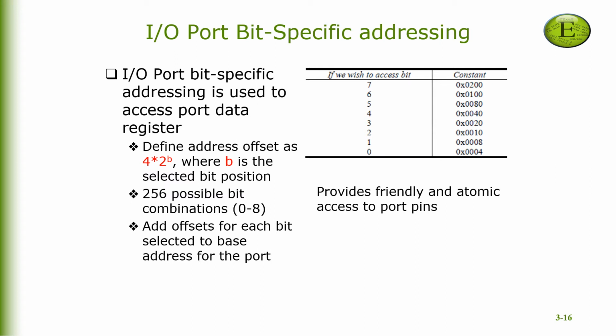So microcontroller programming flexibility allows us to invoke port bit specific addressing, in which we can address specific bits of some portion of the memory, including the memory mapped input output.